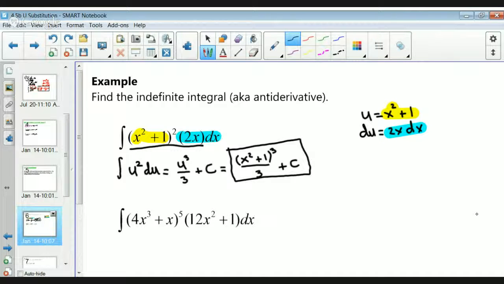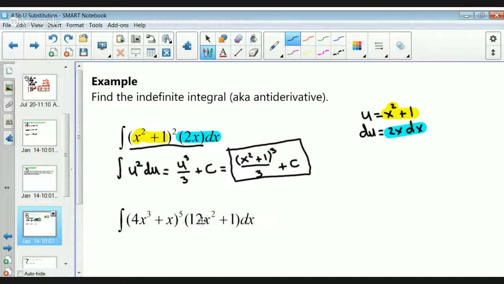All right, let's try another example. Let's try this. I have the integral of the quantity 4x cubed plus x all raised to the 5th times 12x squared plus 1 dx. Okay, remember this means find all antiderivatives of all of this stuff, the stuff between the integral and the differential. Now, again, somewhat complicated.